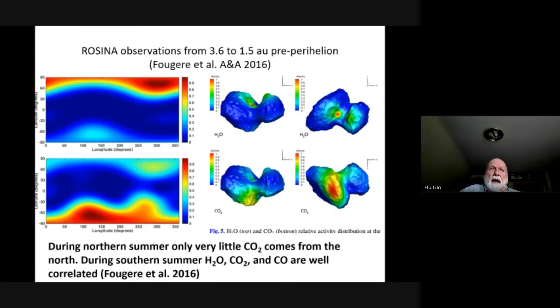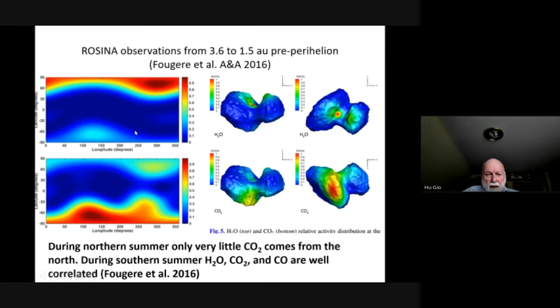So what did we observe at the beginning when we approached the sun, the nucleus? In the composition of the coma, we saw that on the northern part the composition was dominated by water, and only very little CO2 was visible there, and water was north because it was illuminated.